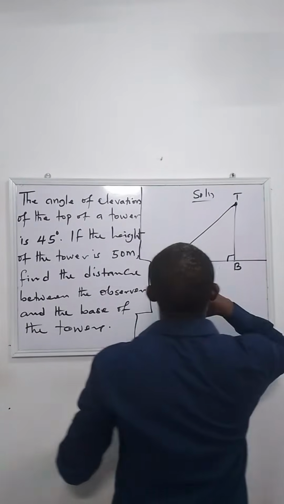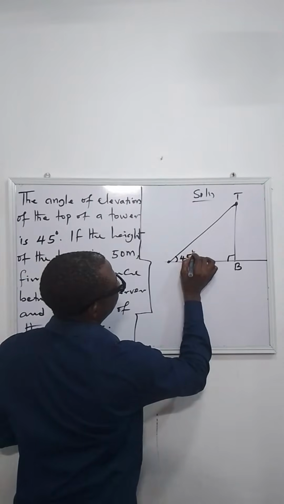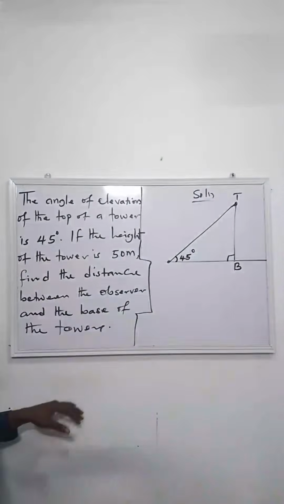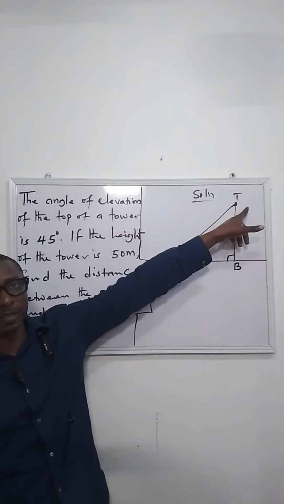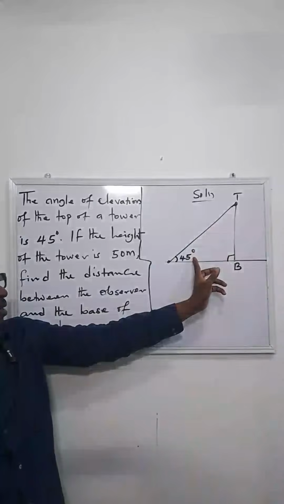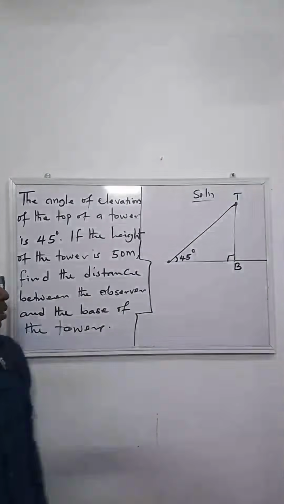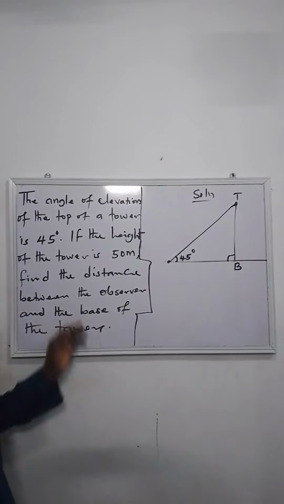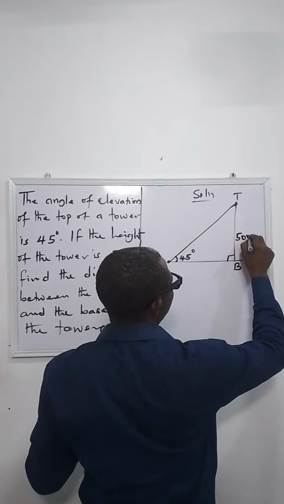Looking at the top of the tower, the angle here is 45 degrees. I hope you understand that. So an observer is here looking at the top, elevating his head by 45 degrees and looking at the top of the tower. Now, we are told that the height of the tower is 50 meters.